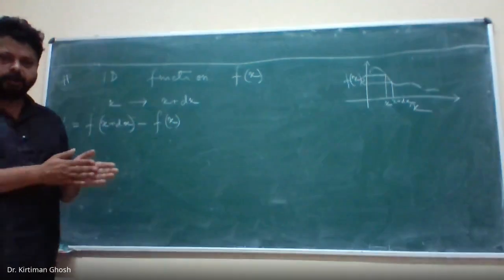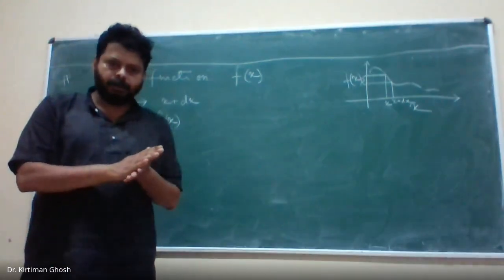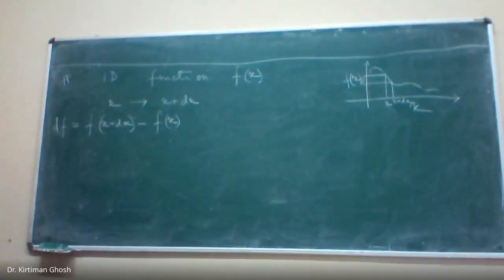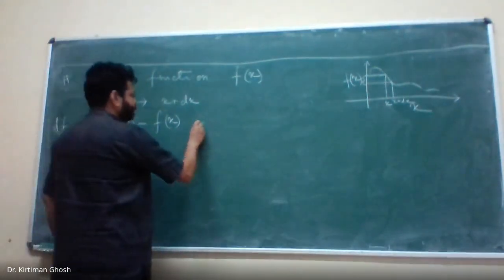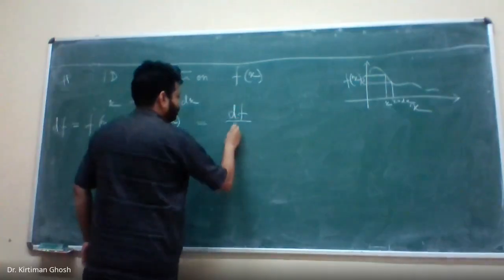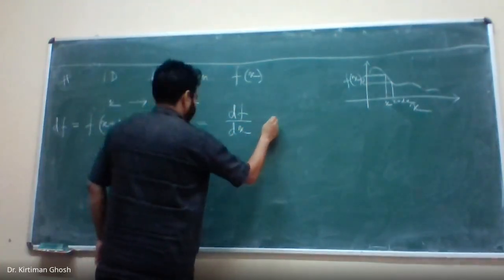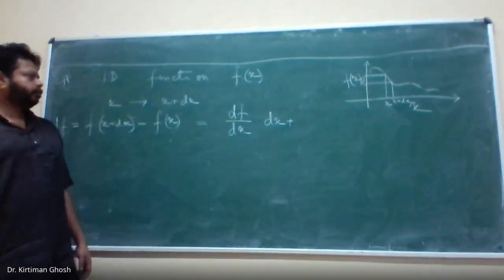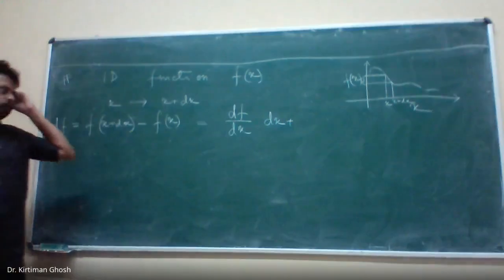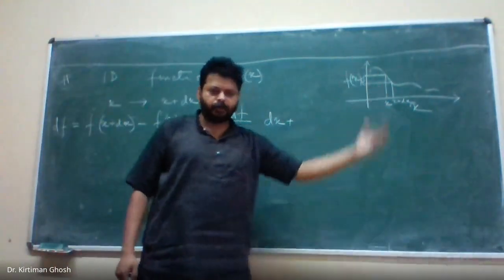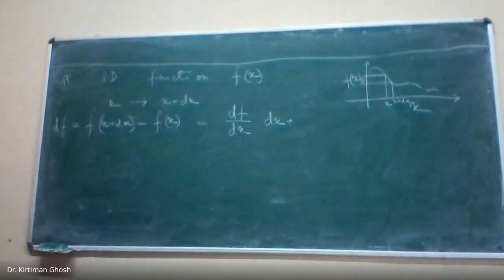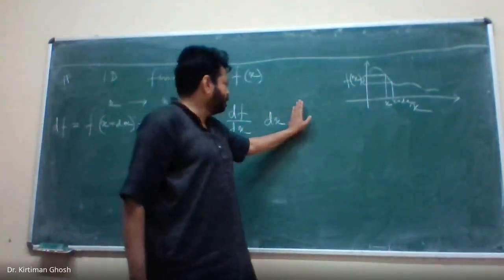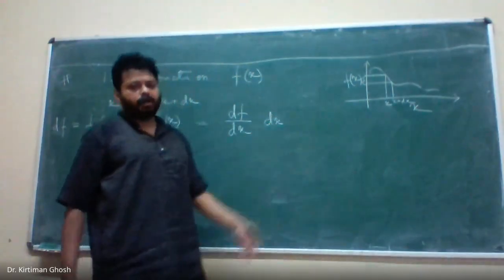You have learned about Taylor series, right? Yes, sir. Okay. So if you know Taylor series, then you can simply write this as del f by del x times dx plus the higher order terms, which involve dx square, dx cube, dx to the power 4, etc. Now if dx is infinitesimally small, you can ignore the higher order terms because they contribute less and less.